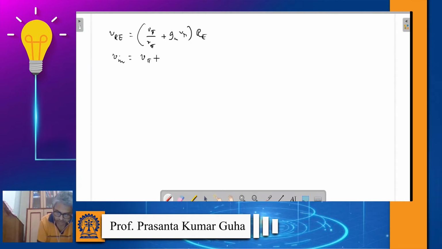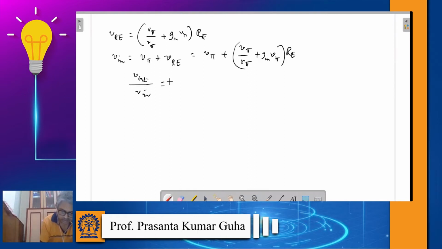V in we can write as V pi plus VRE, the voltage drop across RE. Then ultimately we can find V out over V in. I think we ended the class with this equation in the last class.